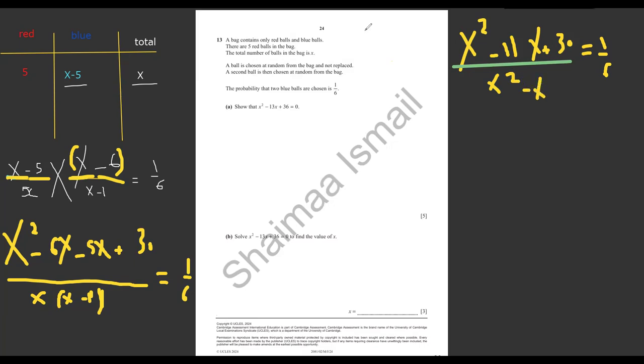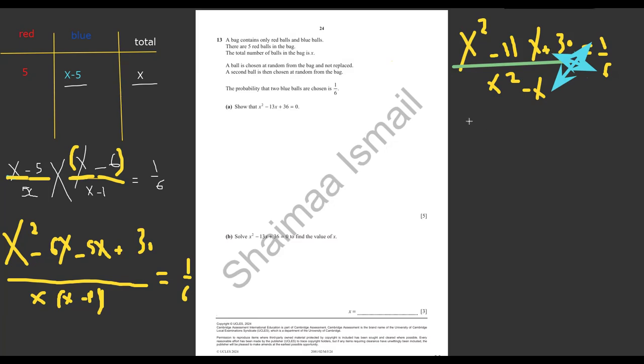Okay, let's make a cross multiplication. So we say here 1 multiplied by X squared minus X equals 6 multiplied by all of this. Okay, let's do this.